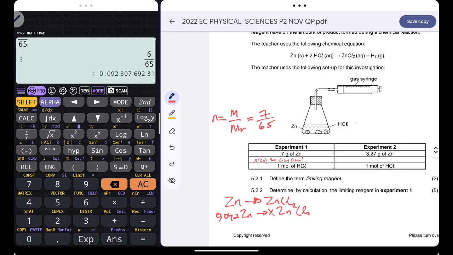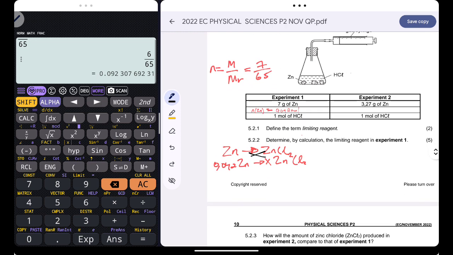Are you together? What I need to do is to just cross multiply. Whenever I cross multiply, I just focus on the coefficients, right? So in this case, 1 times 0.092, I'll get 0.092 is equal to x. So the number of zinc chloride which will be produced is 0.092 moles.